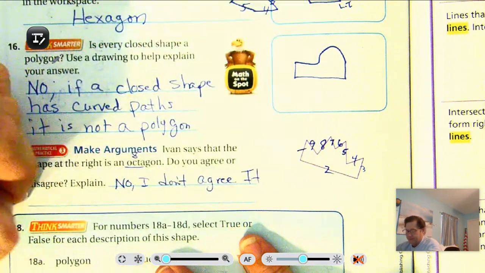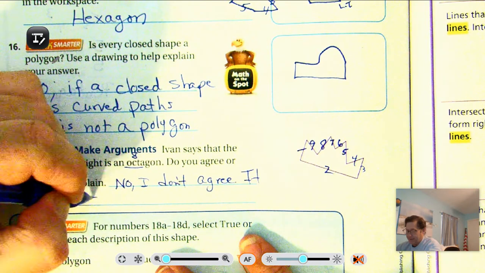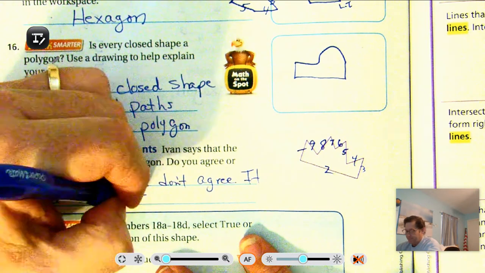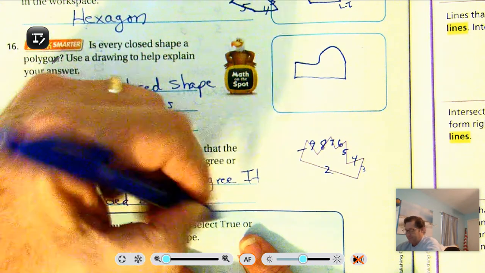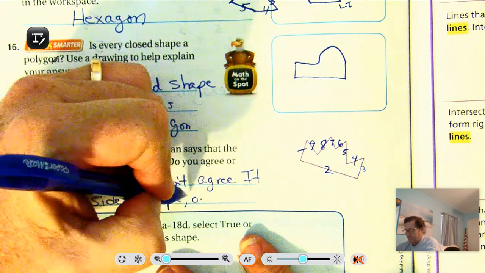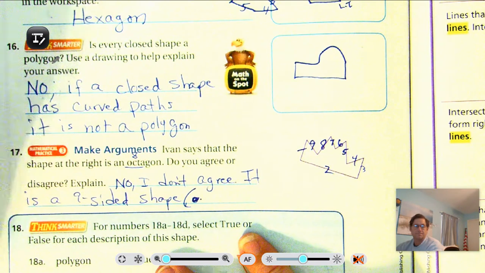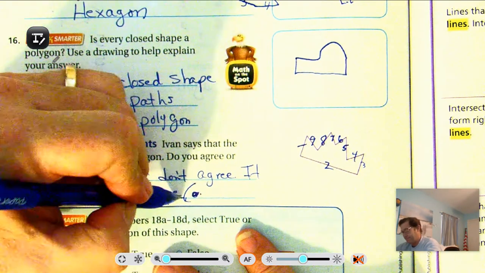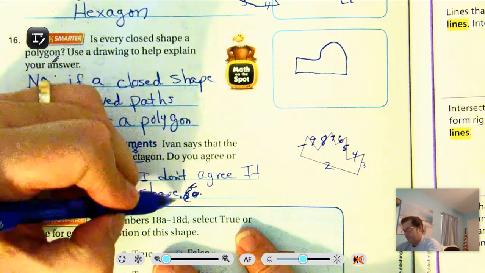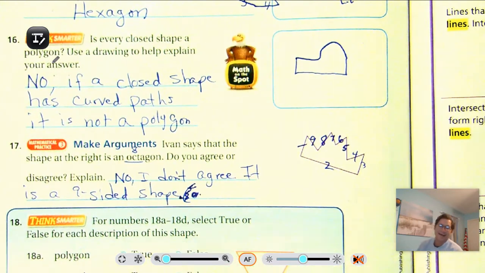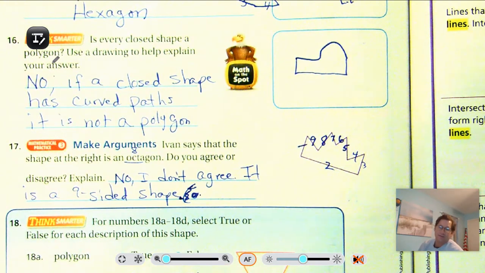It is a 9-sided shape, not an 8-sided shape. It would be called a nonagon.